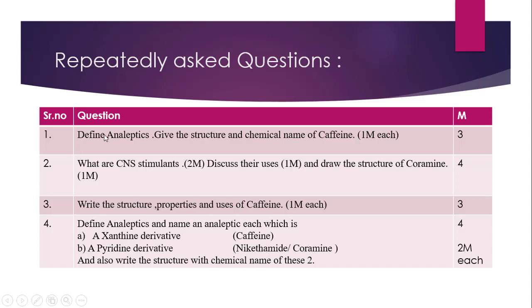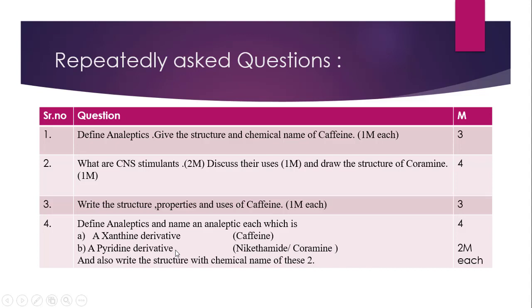Define analeptic, which we have seen earlier in question number 1, and name an analeptic which is a xanthine derivative and a pyridine derivative. Xanthine derivative, as we all know, is caffeine, and pyridine derivative is nothing but nicotinamide, also known as coramine.